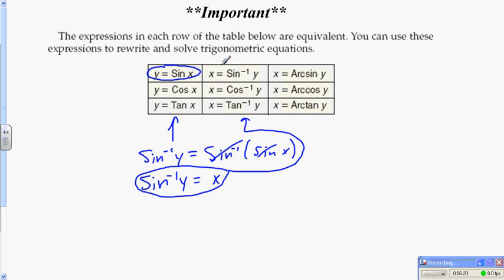Then they state that these two represent the exact same thing. You can have sine inverse or you can have arc sine. They're asking for the same thing with the limitations that we just mentioned.